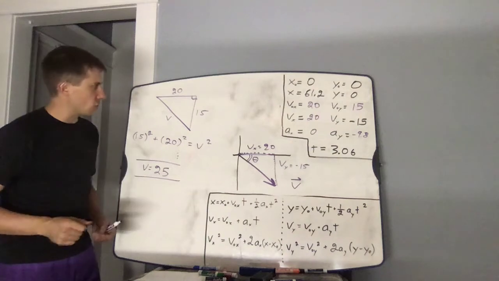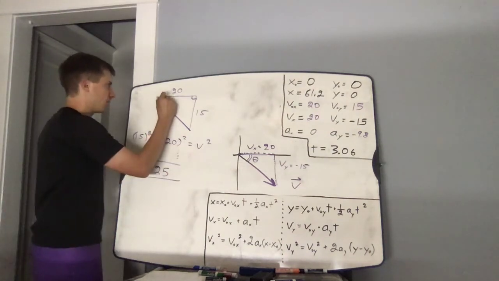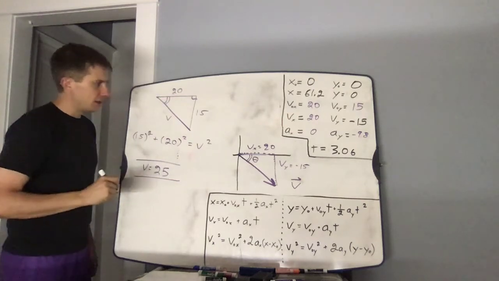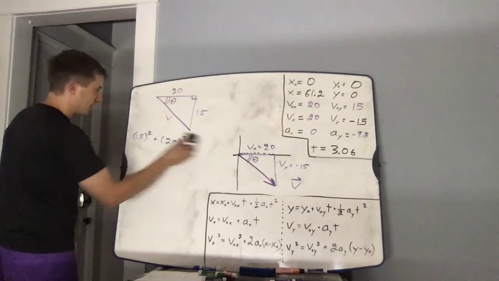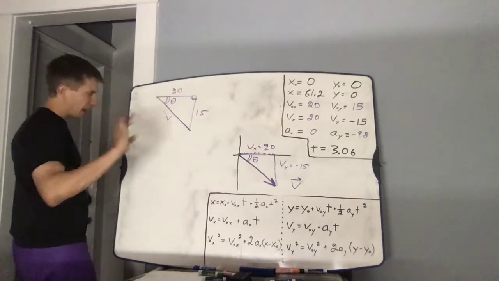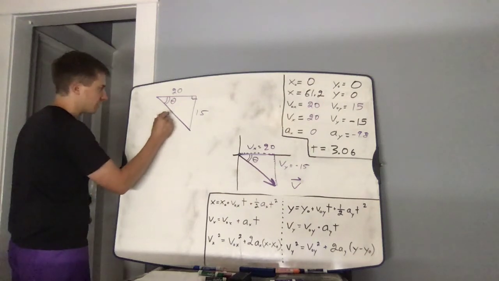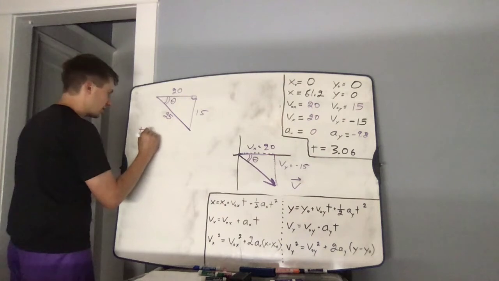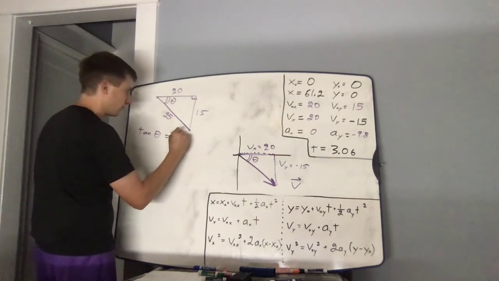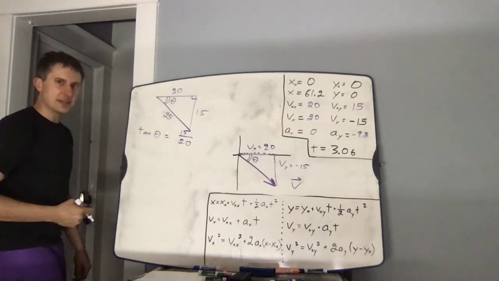Now, if I want to know what this angle is going to be, I could just ask, what is this angle that I call theta? So to find theta, I could use any trig function you want, it doesn't matter. We already know this is 25. So I could say tangent of theta is equal to 15 over 20. That's opposite over adjacent.